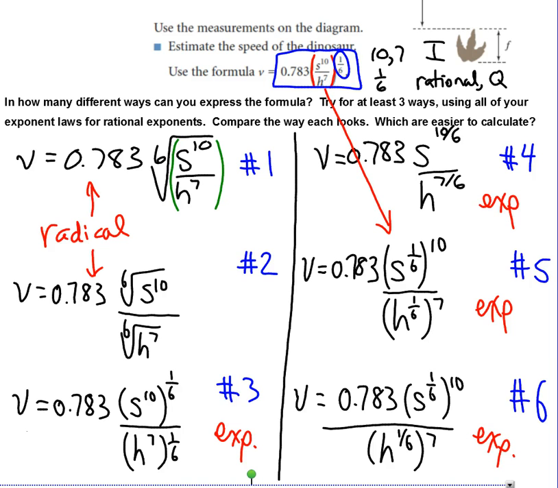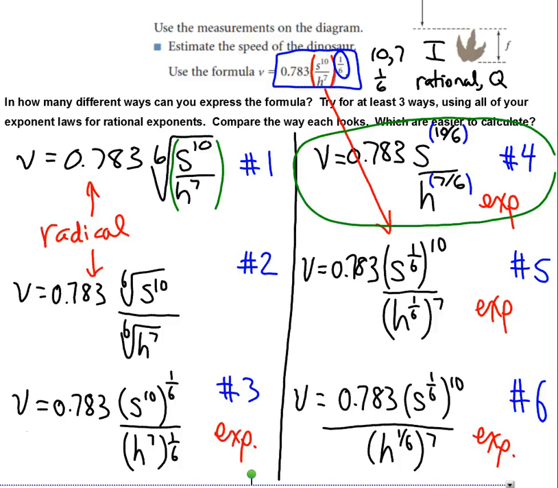Probably version 4 would be the easiest one to do if we just wanted to put in one exponent. I think you can see clearly that you're taking your stride length and you're raising it directly to 10/6, which on your calculator you could make sure was a fraction, brackets around it, and then you'd be dividing by the hip height h raised to the 7/6.